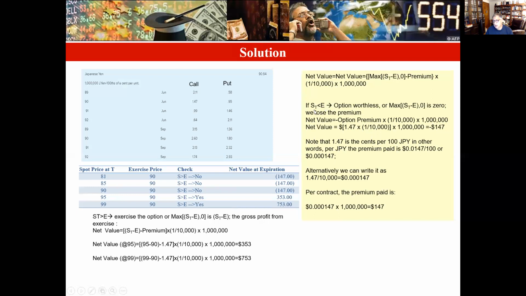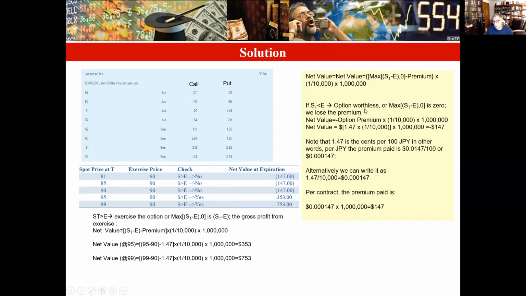But in the market, the price is 0.081. So it would be unwise for me to exercise the contract and purchase Japanese yen at the price of 0.090 while I can purchase it in the spot market at 0.081. So obviously, in that case, I'm not going to exercise the option. So the option is going to be worthless. The contract actually is not going to be used.